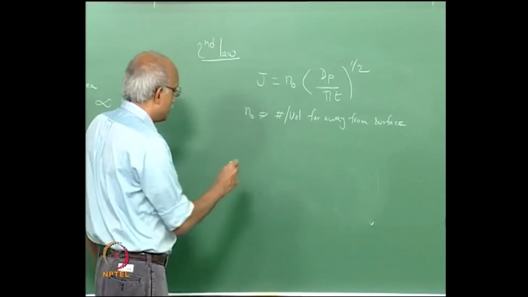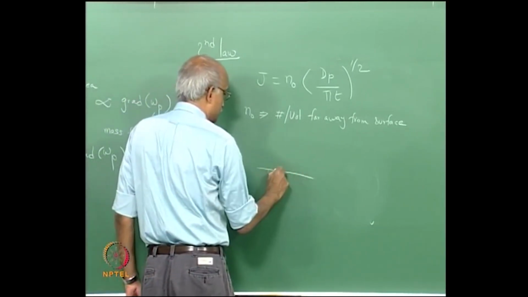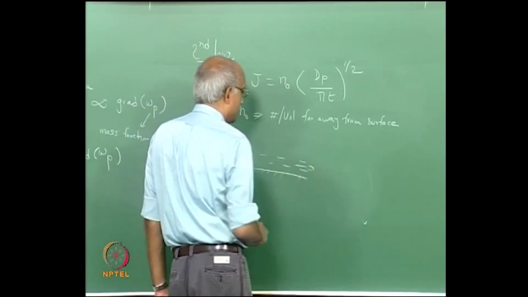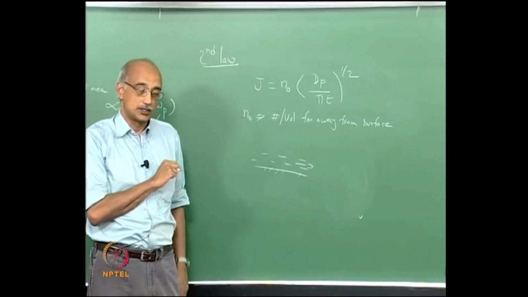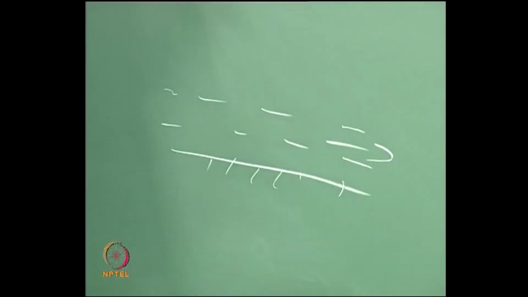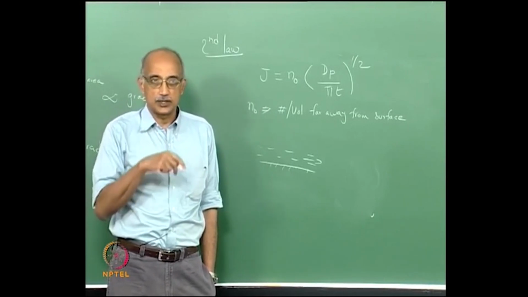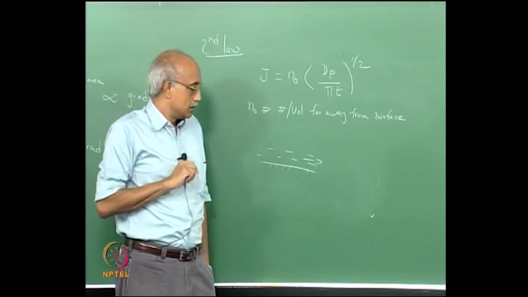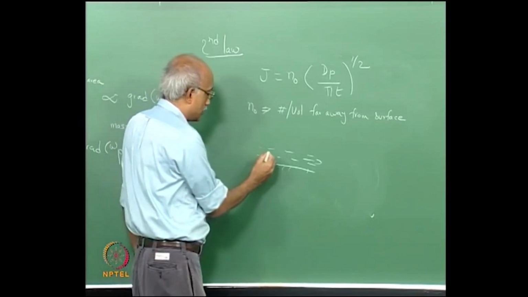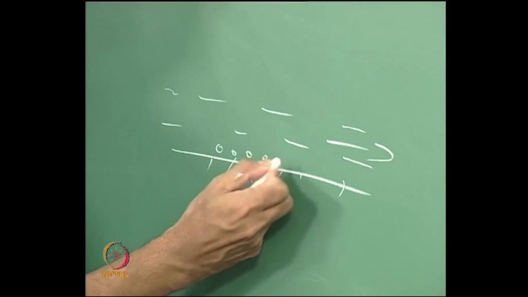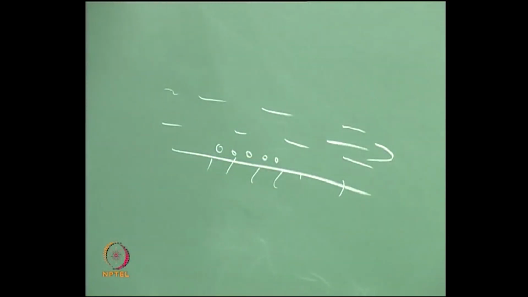However, when you look at a surface over which a fluid is flowing, under these conditions mass flux due to a concentration gradient becomes highly likely. What is the reason for that? The reason is that the fluid molecules that are adjacent to the surface have a tendency to strike the surface and get attached to them, right?